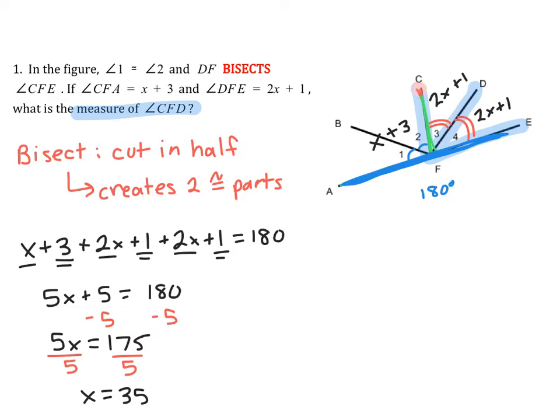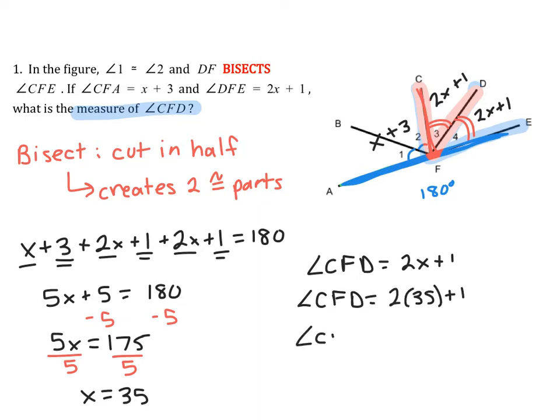So if you look at that angle, that's angle 3. So we know that angle CFD is 2x plus 1. So now we can substitute our x value, which was 35. And we get angle CFD is 71 degrees.